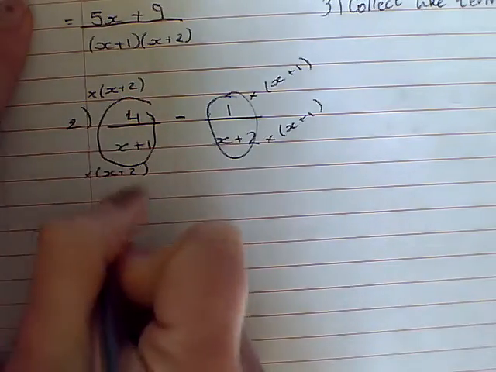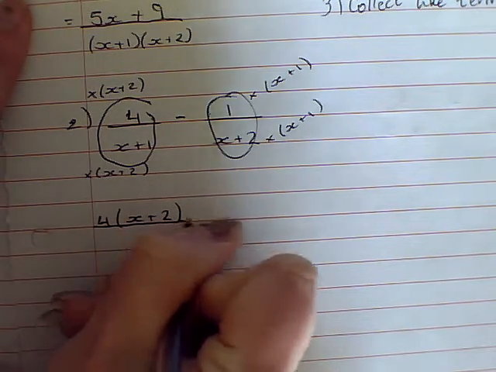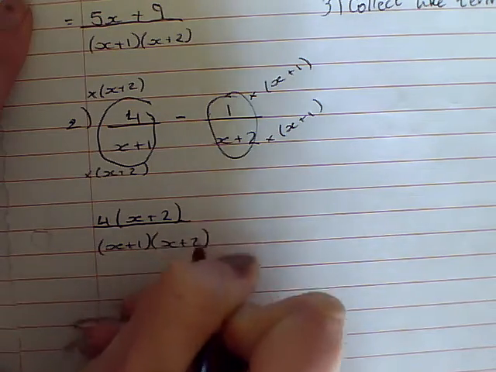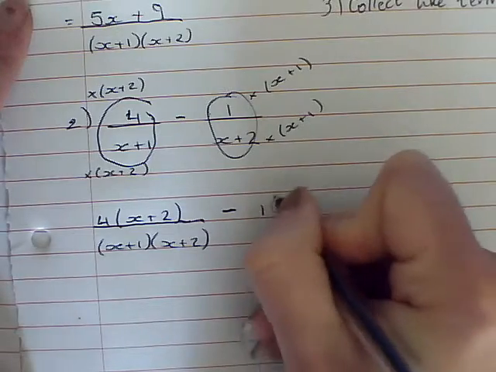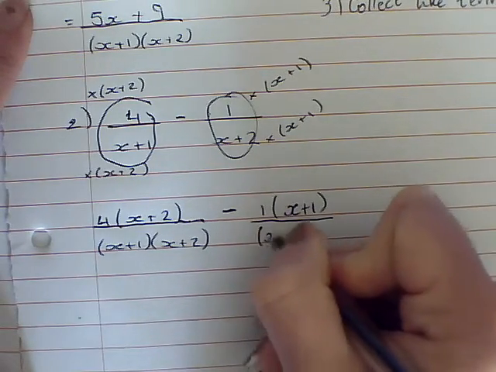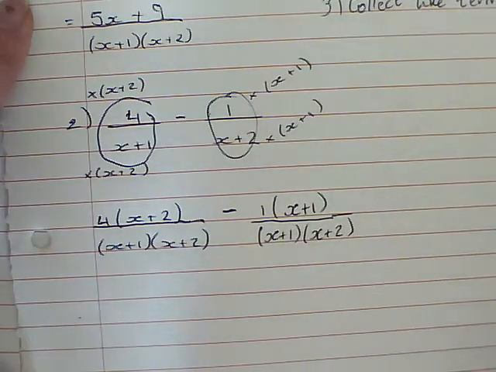So on the left here I've got 4 bracket x plus 2 all over, and then subtract this time. Okay, that's first step. I have my denominators the same.